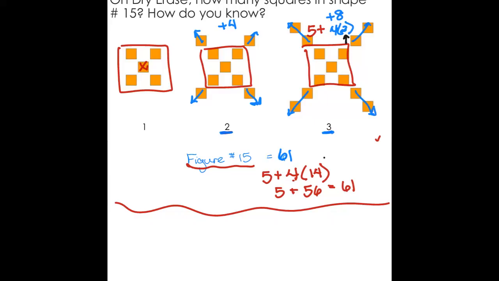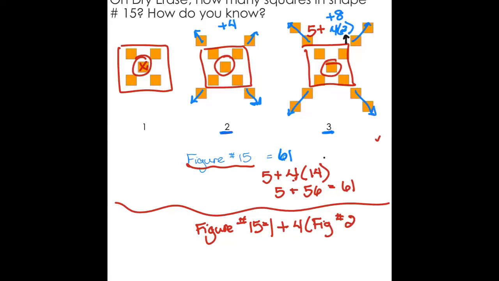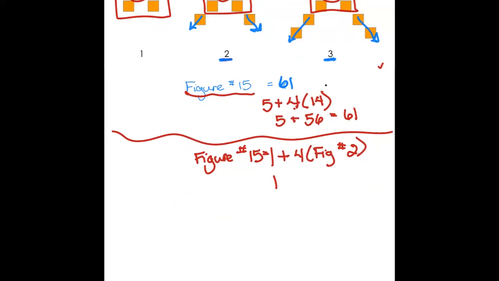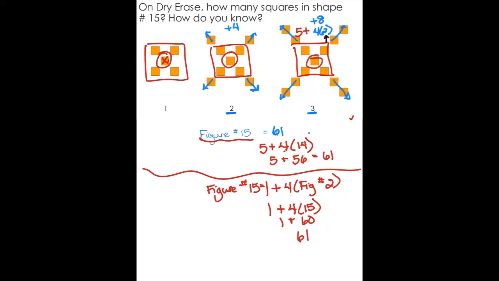So you looked at the 1 in the center that was the same. So for figure 15, her way, it is 1 plus 4 times the figure number itself, right? So for figure number 15, it's 1 plus 4 times 15, which is 60, plus 1 is 61.